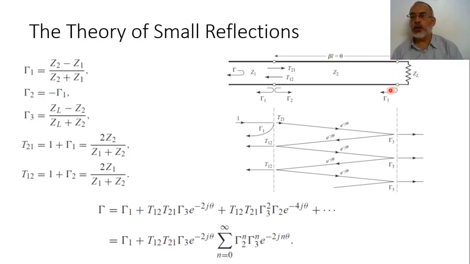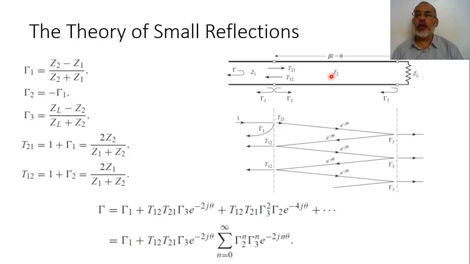This would be called gamma 3, and gamma 3 here is Z load minus Z2 over Z load plus Z2. When it is reflected, it will go through the transmission line section 2 until it reaches the discontinuity between Z1 and Z2.